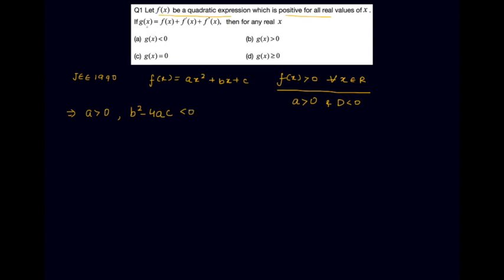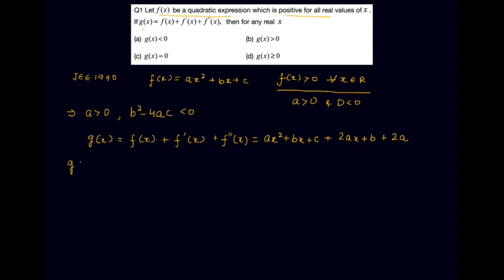Now we are also given a function g(x) which is equal to f(x) plus the first derivative of f(x) plus the second derivative of f(x). Putting the values, we have ax square plus bx plus c plus the first derivative 2ax plus b plus the second derivative 2a.